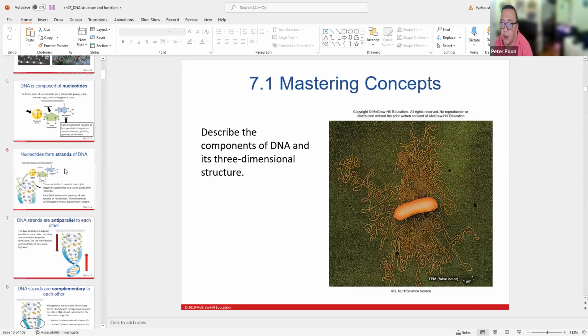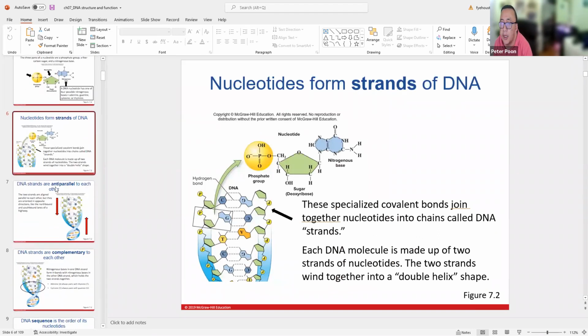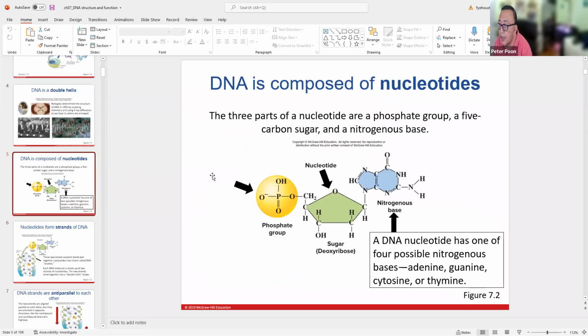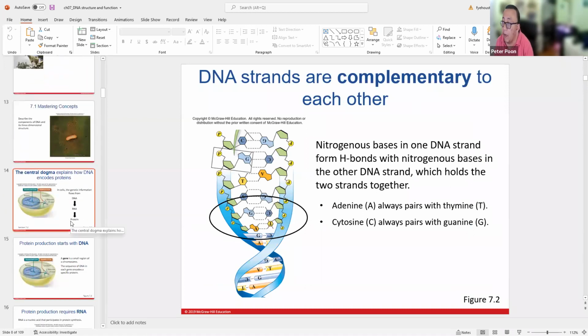So that's the structure: two anti-parallel lines of nucleotides. And I will give you a DNA sequence, and you will have to give me the complementary sequence. That's definitely going to be on the test as well, but that's pretty easy.